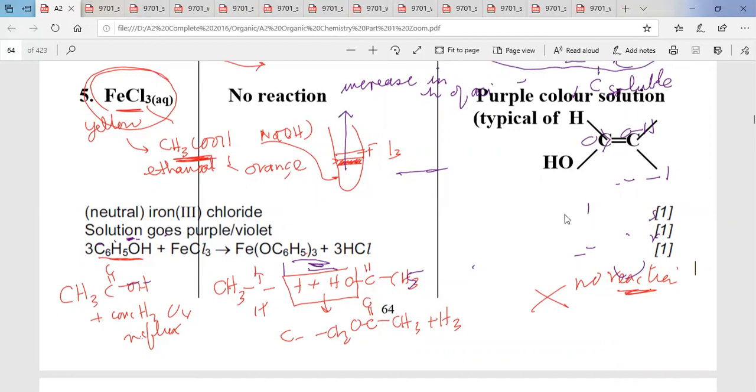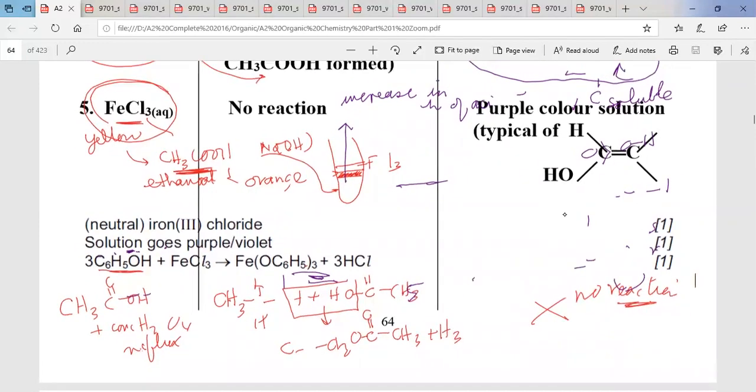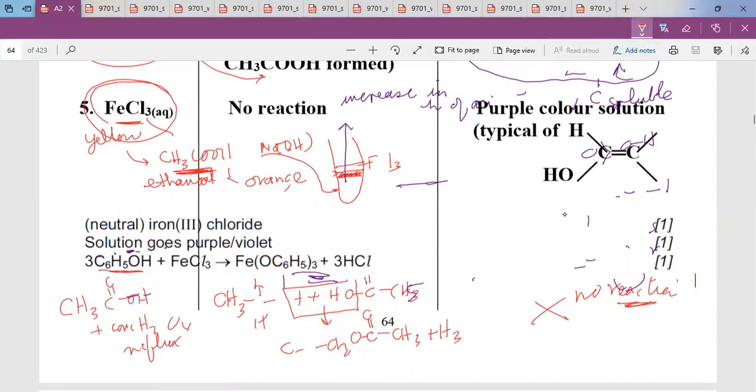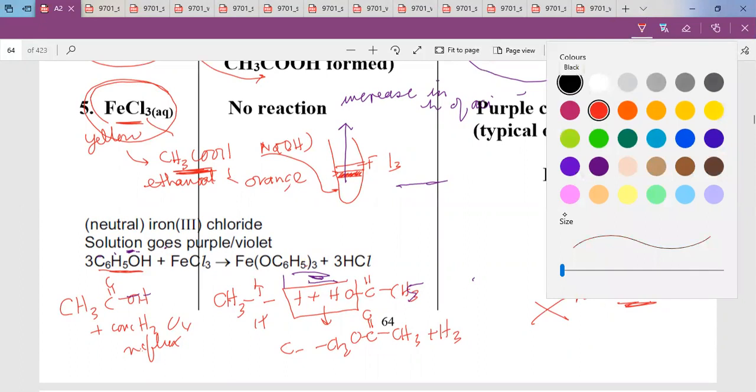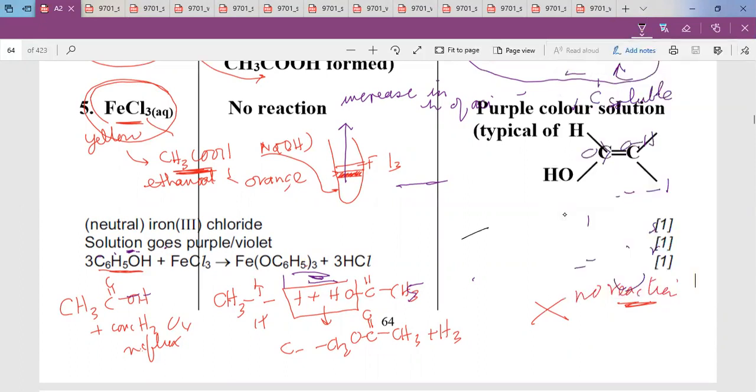Phenylamine is this part here. It's an aromatic amine.